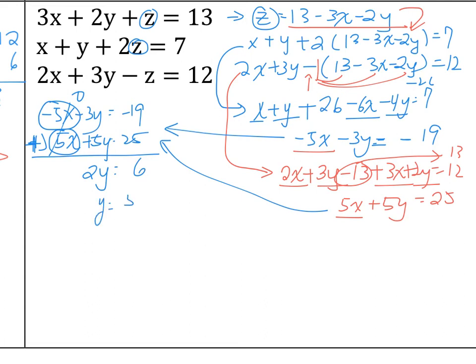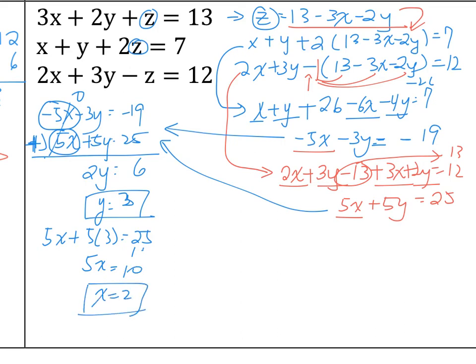And I'm going to use the second equation to solve for x. So 5x equals 10, x equals 2. And I'm going to use this third equation to solve for z.